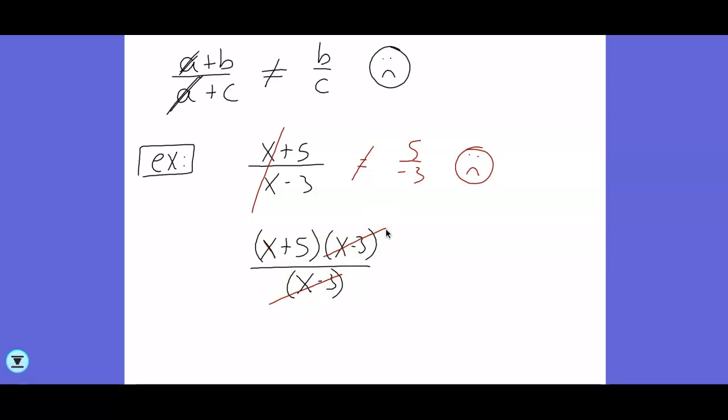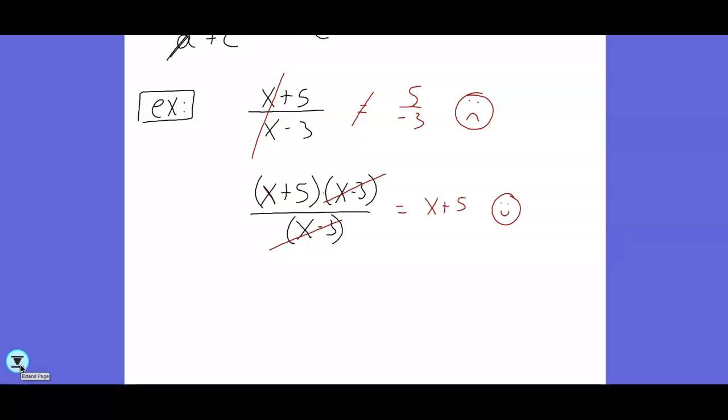Why? Because x minus 3 is being multiplied by something. And so if you divide by x minus 3, the division of x minus 3 cancels the multiplication of x minus 3. So that's allowed. That's a happy situation. Division cancels multiplication. It doesn't cancel subtraction or addition.